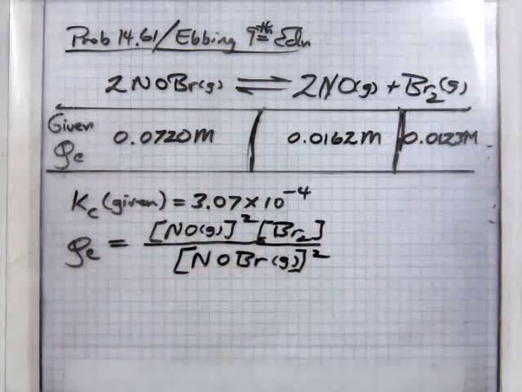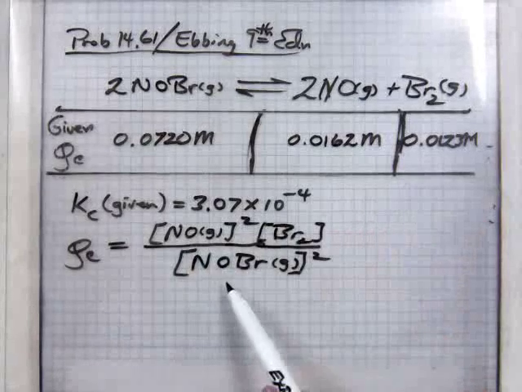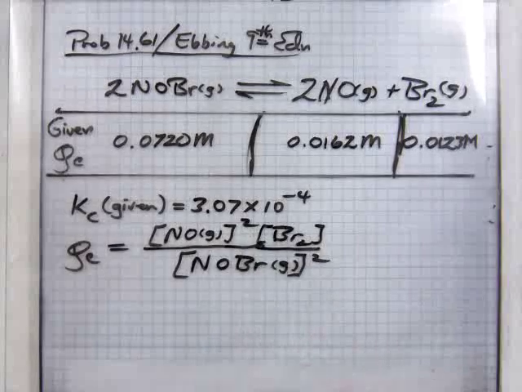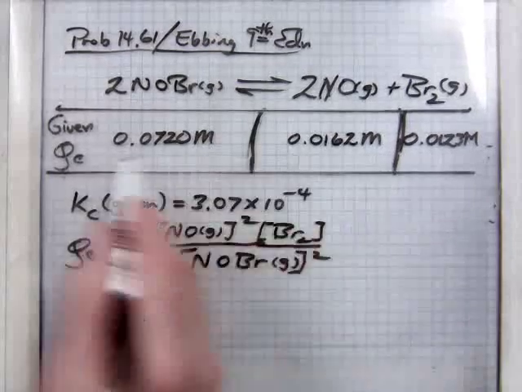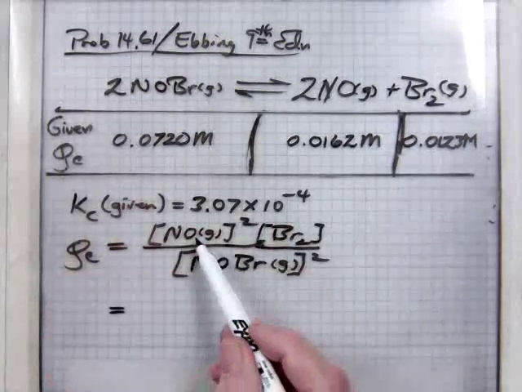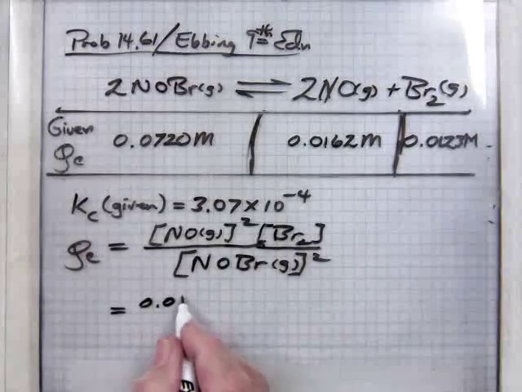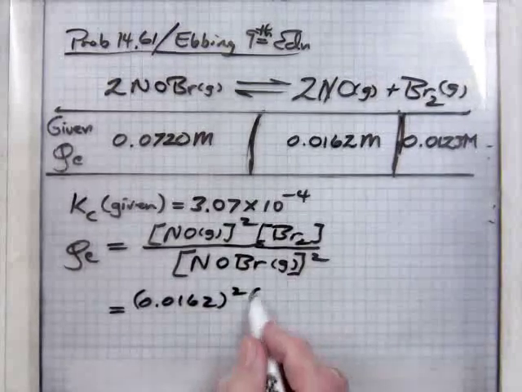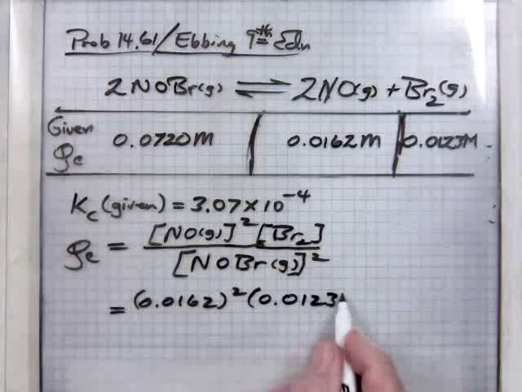So you recognize that as the product of the concentration of the products divided by the product of the concentration of reactants raised to the respective coefficient powers. Then we substitute in the values that we are given up here. For NO, we see it is 0.0162, and we want to square that number. And bromine is 0.0123 molar.